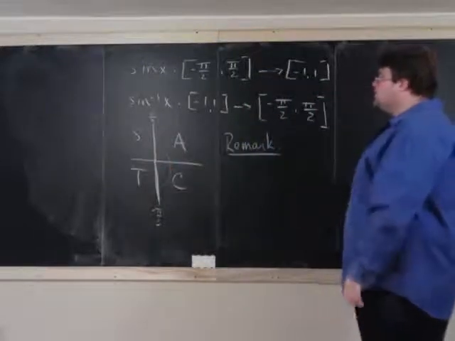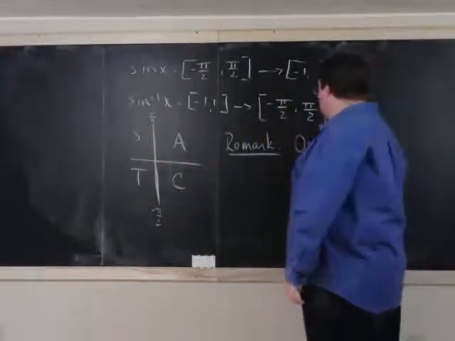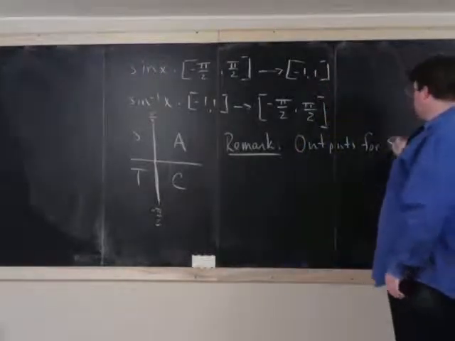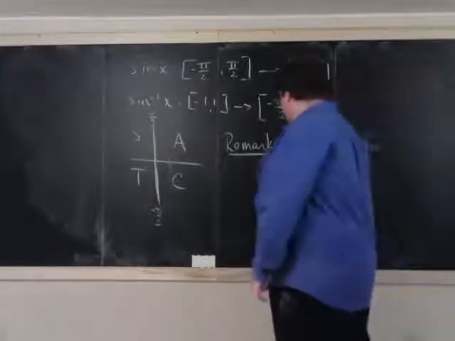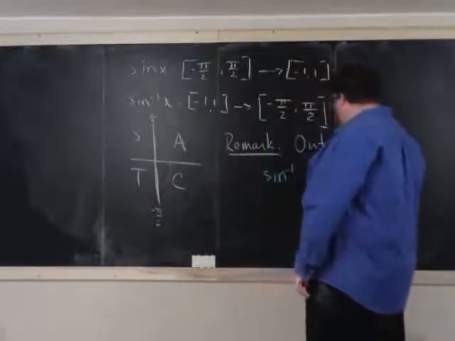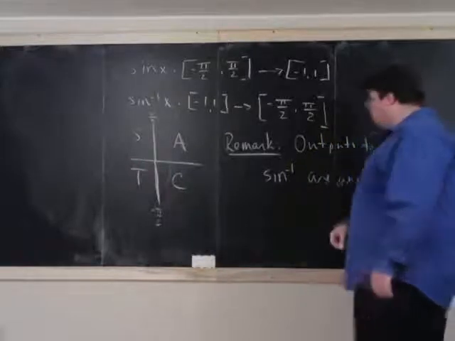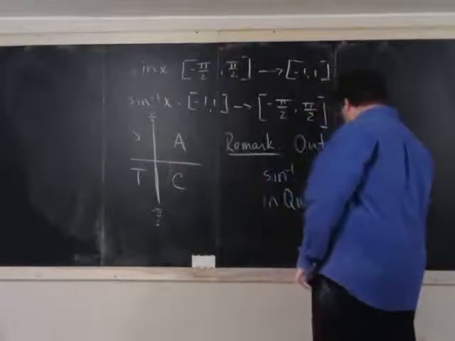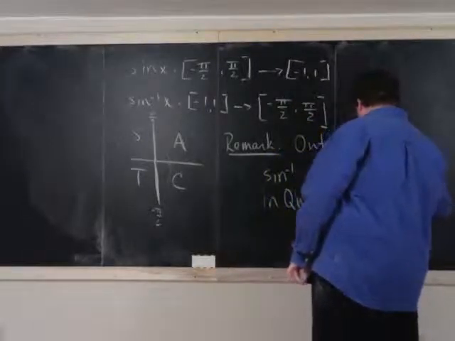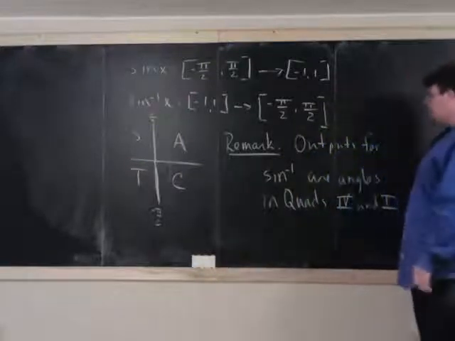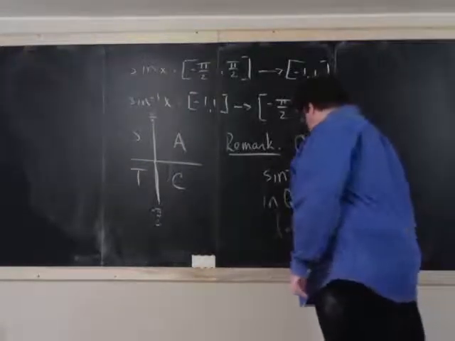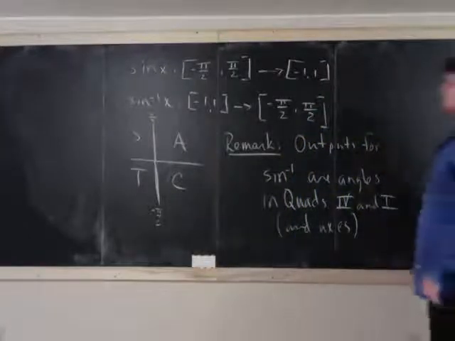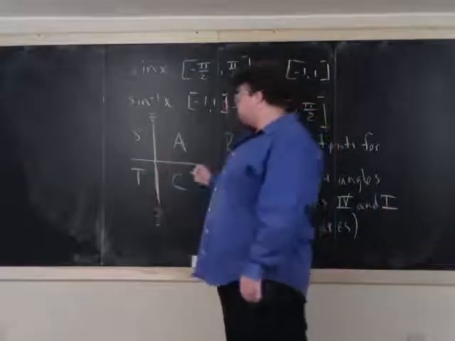So the only outputs for inverse sine are angles in quadrants 4 and 1, and some axes. In this case, negative pi over 2, 0, and pi over 2.